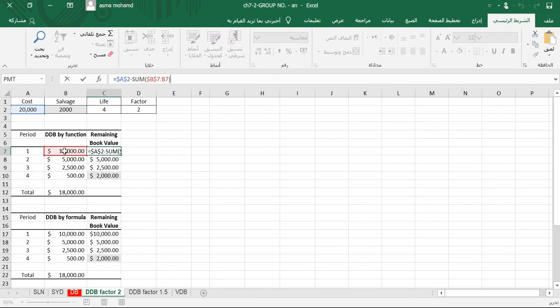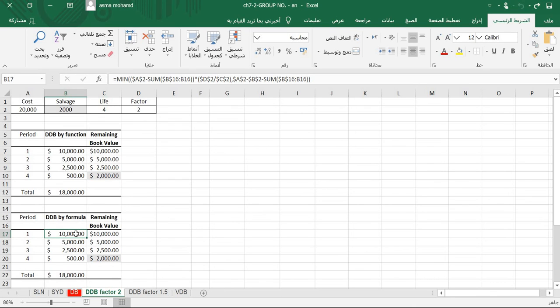However, we always start from the first depreciation. That's why here we had an absolute reference, but here we did not. Now the remaining book value will be calculated automatically. You can see here that at the end of the fourth year, we get to the salvage value.